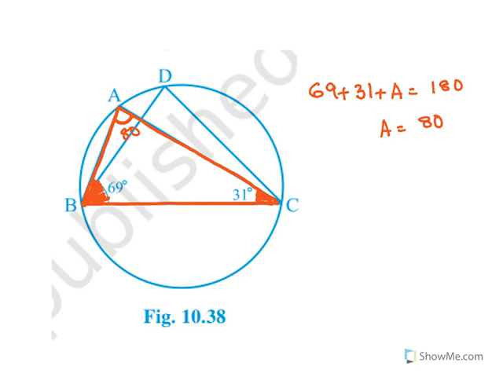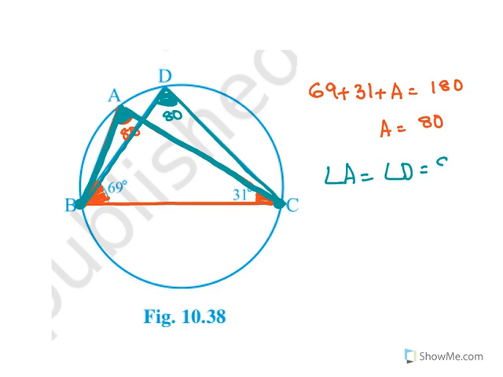And in the next step, angles in the same arc. This angle A, which belongs to the arc BC, and then you have angle D. Both these angles are equal. So this is 80. So angle A equal to angle D equal to 80. Angles in the same arc.